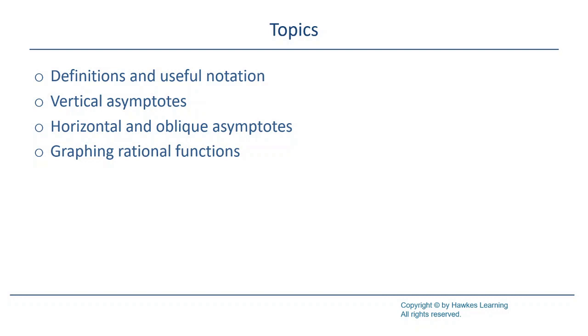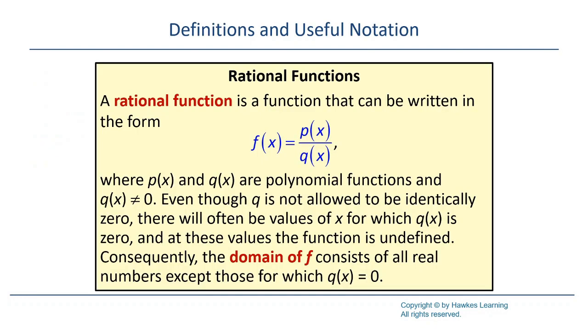If you need to pause it and rewind it to get a few notes down, go for it, because this first part is going to be very definition heavy. But we'll cover the asymptotes, vertical, horizontal, and oblique, which you may have heard referred to as slant, and then actually how you graph these functions, things like that.